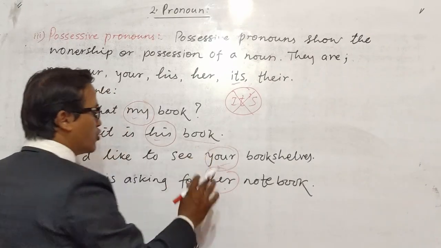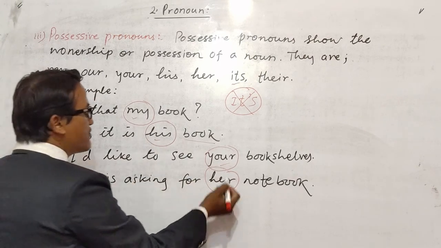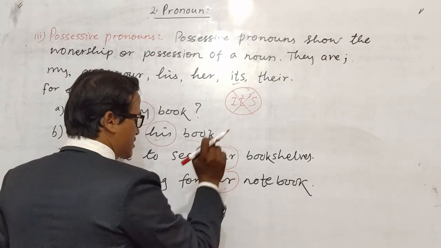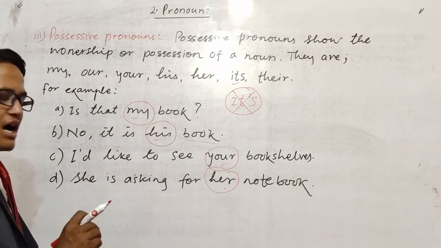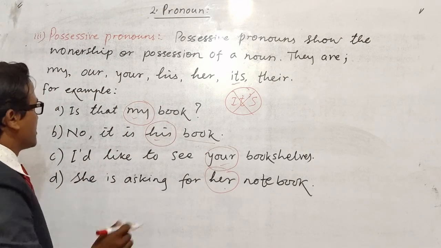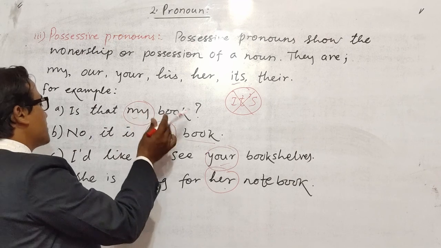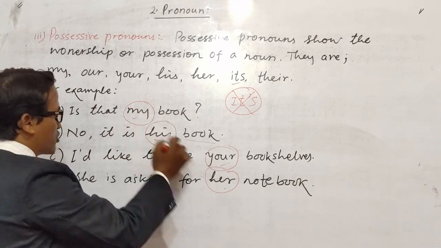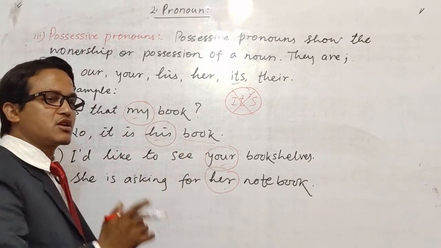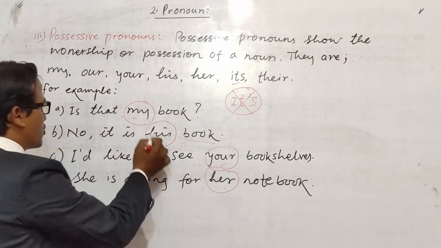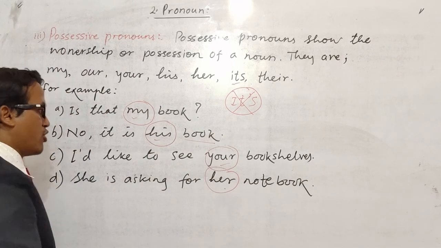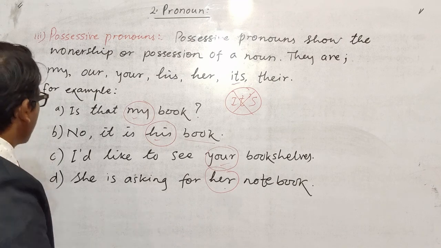So here the word her is used as a possessive pronoun or possessive case. One thing I want to say here is that a possessive pronoun is always used as a possessive case, and it is the answer of which question. So these words are called possessive pronouns. Now coming to the next.